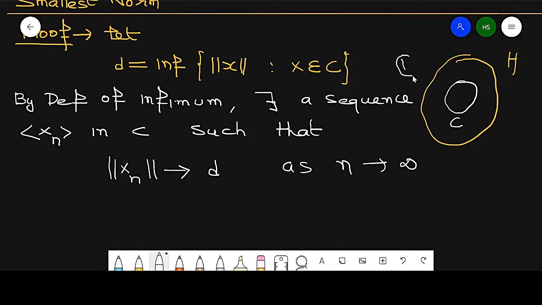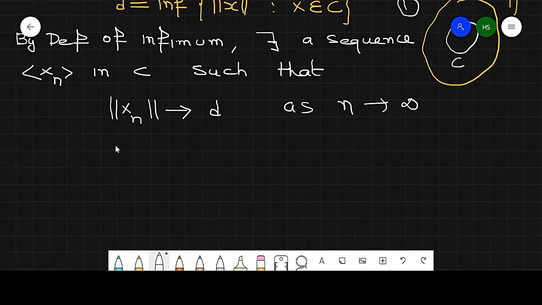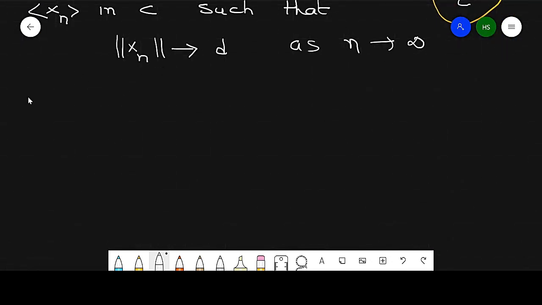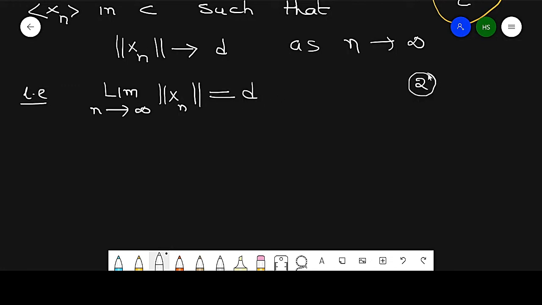I take it as equation number 1, and this can be taken as limit n approaches infinity of norm x_n equal to d, which is equation number 2.